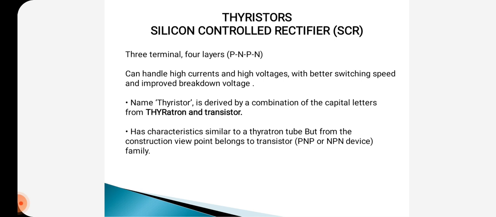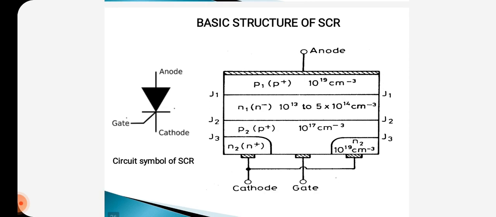From the construction viewpoint, it belongs to the transistor, that is PNP or NPN device family. This is the basic structure of SCR. The circuit symbol of SCR consists of anode, cathode and gate, and the basic structure diagram consists of 3 terminals, 3 layers and 3 junctions, that is anode, cathode, gate are the terminals of SCR.